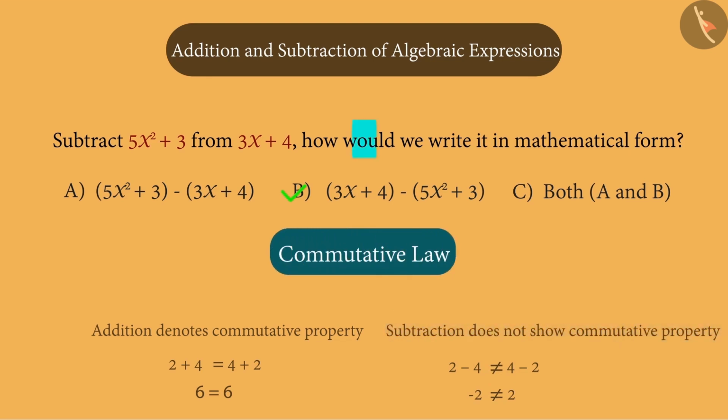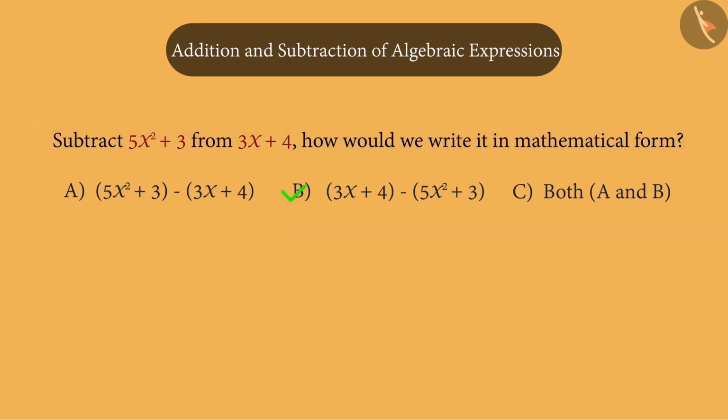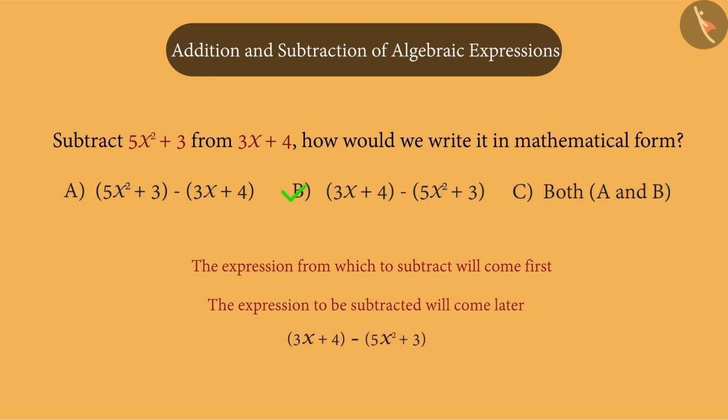Let us now use it here in the given question. Our question says that 5x squared plus 3 be subtracted from 3x plus 4. The expression from which the second expression is subtracted will be written first, and then the expression that is to be subtracted will be written. So, our first stage will look like this.